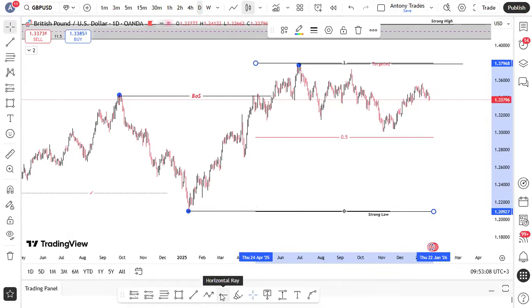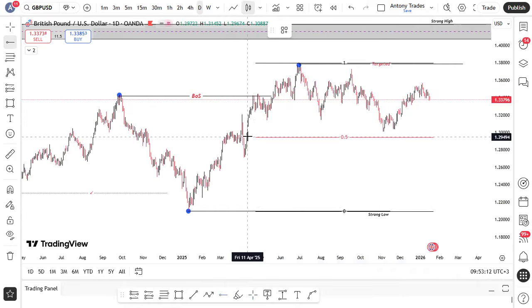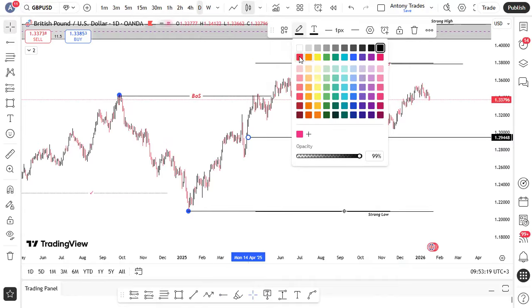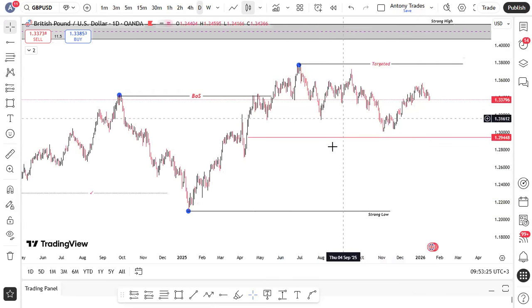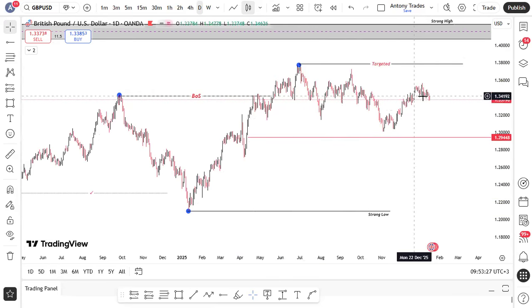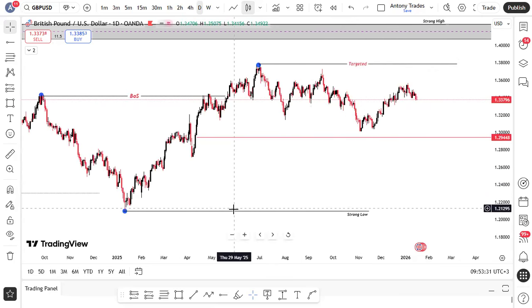In such scenarios, I like to use a line here to remind me when the market crosses that line that we are now at 0.5 of our Fibonacci retracement. So we are still expecting the market to push to the downside at least to this 0.5.